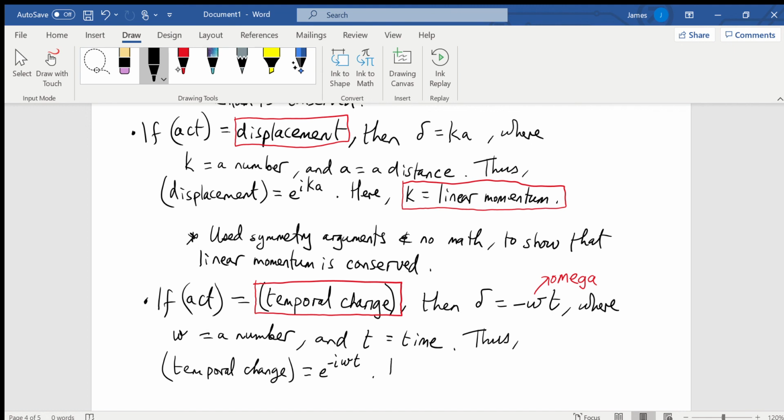And here, as written, that number we called omega is interpreted as energy. So we've got linear momentum, angular momentum, and energy.